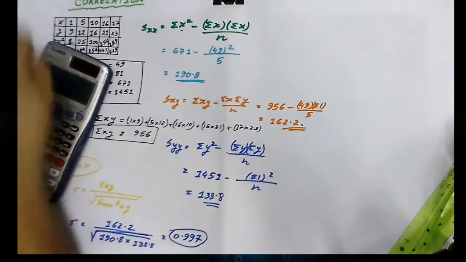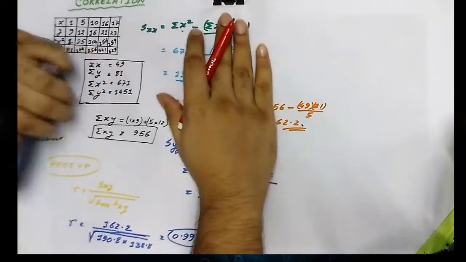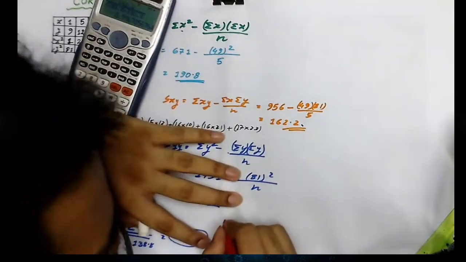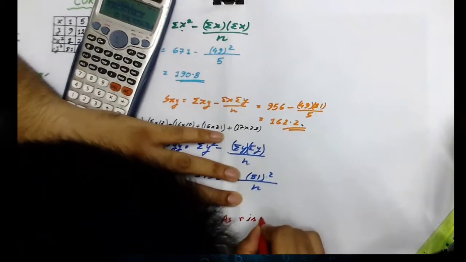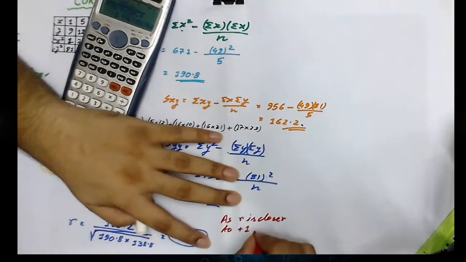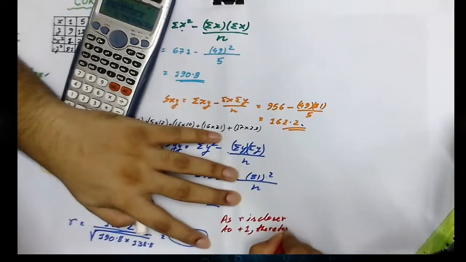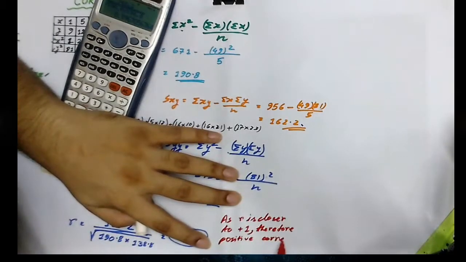So from this we can say that as R is closer to +1, therefore positive correlation.